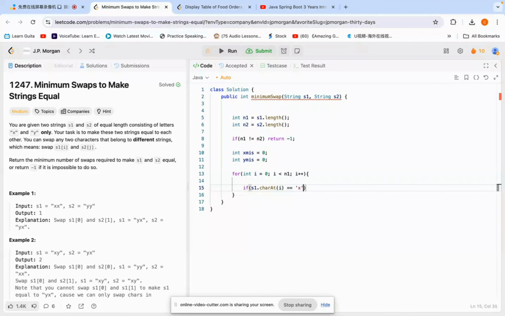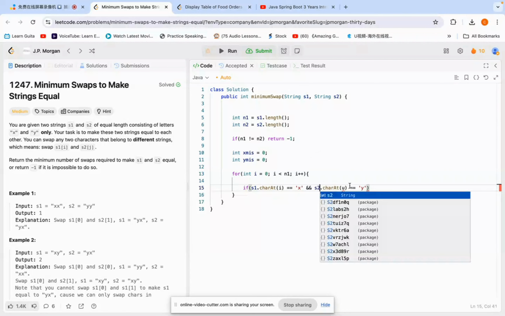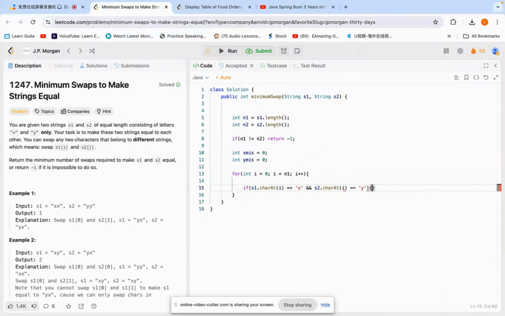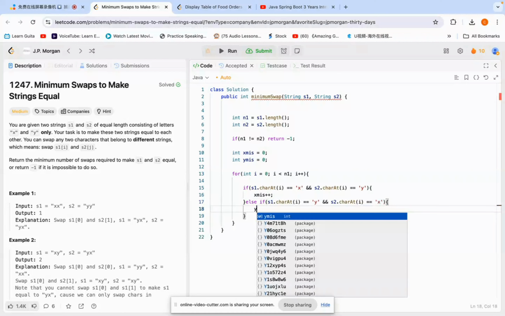If s1 at i is x and s2 at i is y, we increase xMiss. Otherwise, if s1 at i is y and s2 at i is x, we increase yMiss.